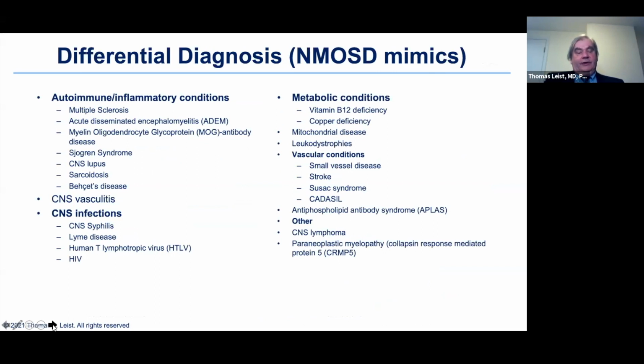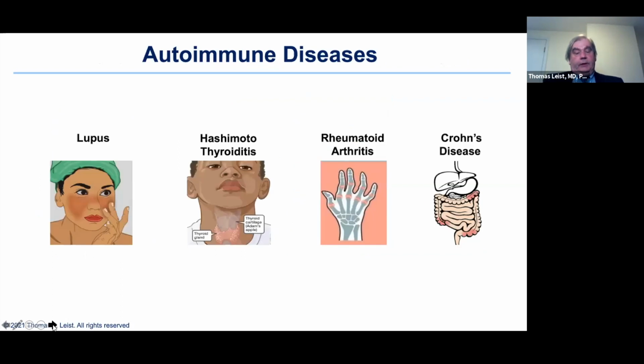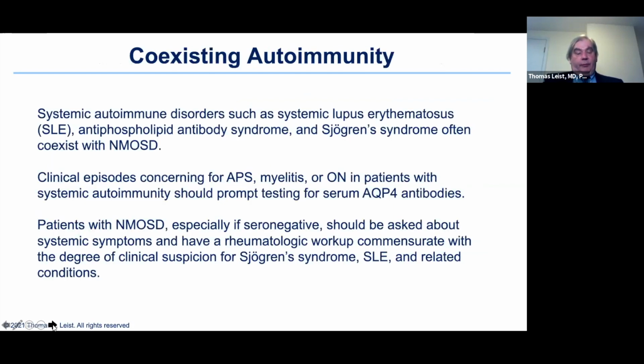Think about it. It's only about 1 in 100,000 to 3 in 100,000 individuals that have this condition. What's also very important is once one diagnoses a patient with neuromyelitis optica to think about other autoimmune diseases that could be present in this individual and work them up.